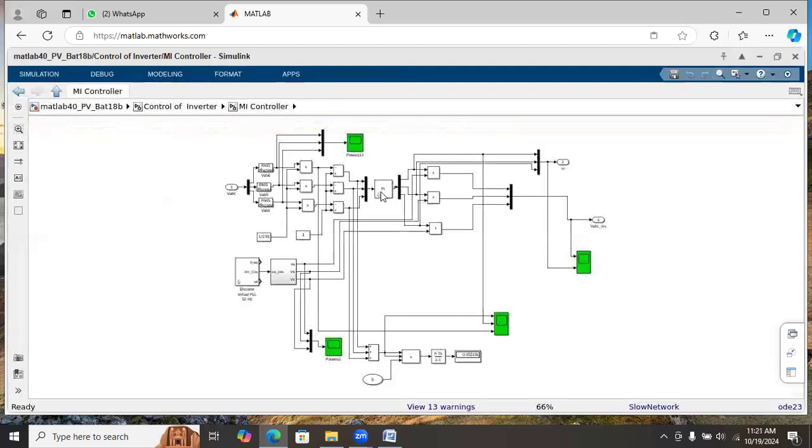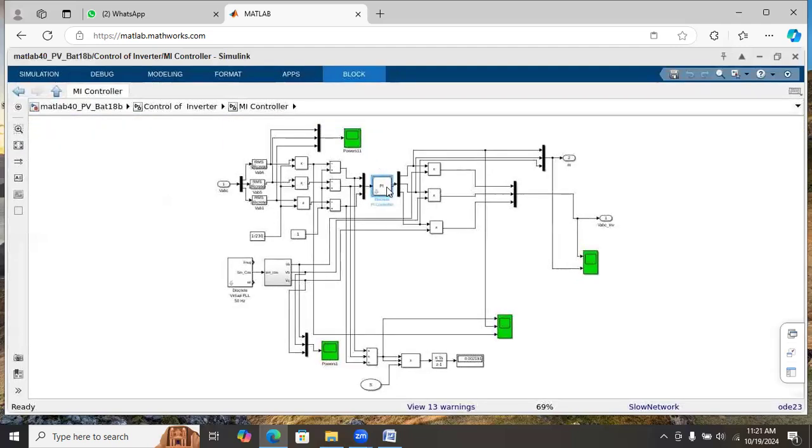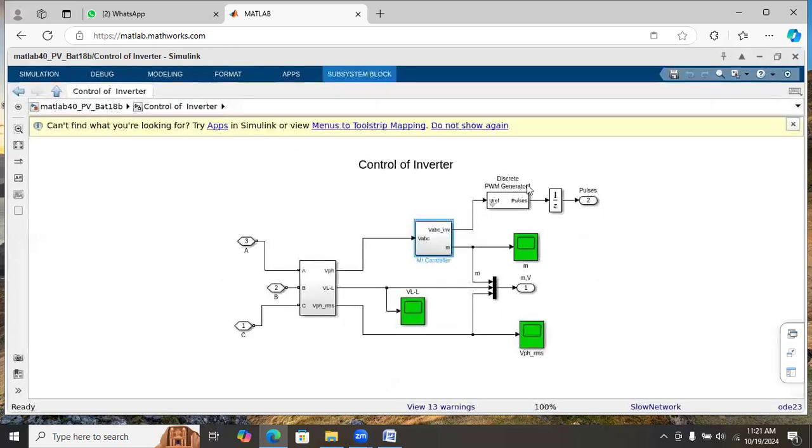Here, if you see, this is the PI controller. Based on the reference voltage and the measured voltage, the PI controller will generate the reference signal and that reference signal will be provided for the pulse generation. The generated pulses will be given to the inverter.